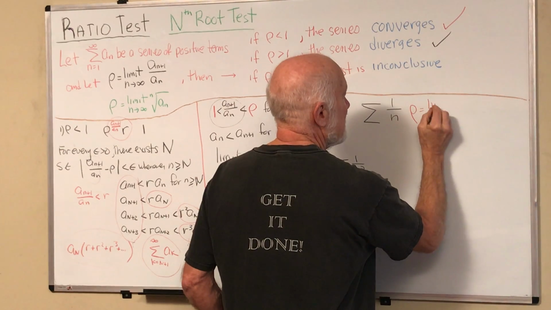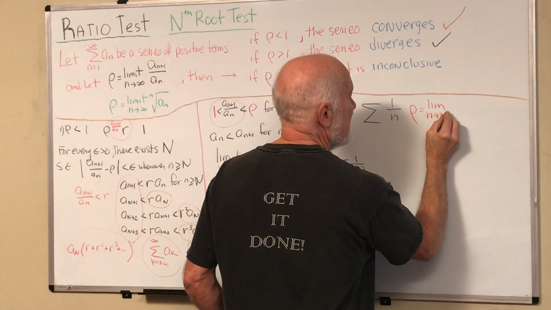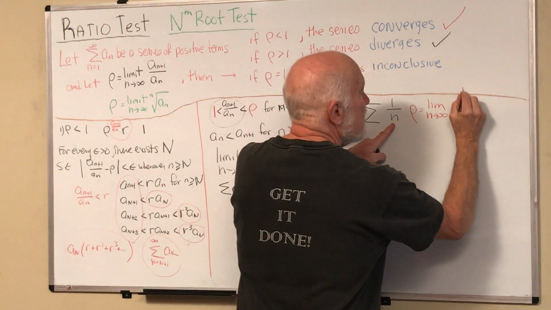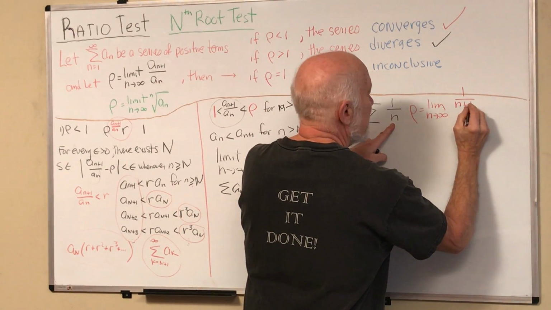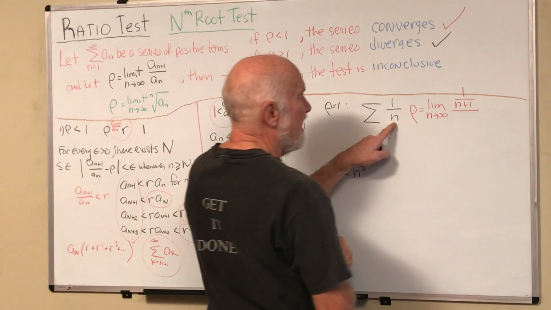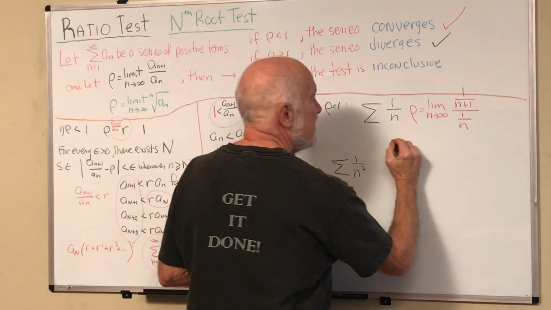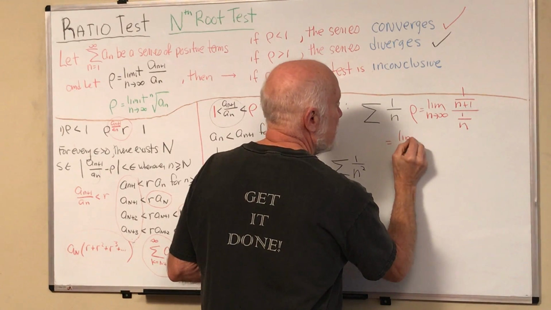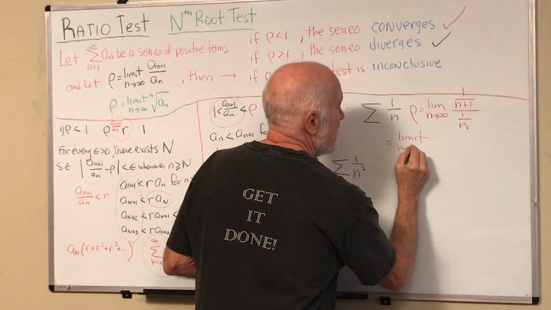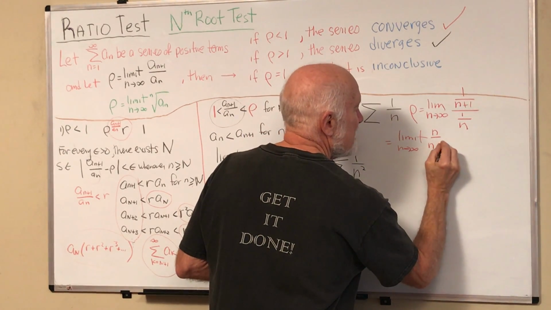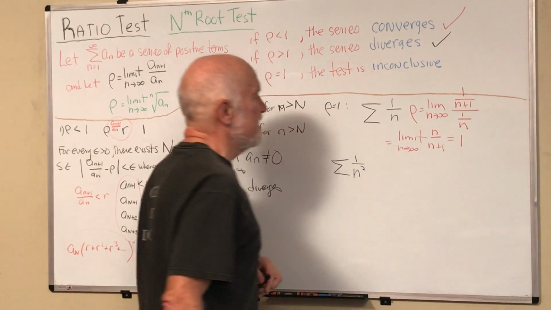Take the limit as n approaches infinity of the n plus first term, 1 over n plus 1, divided by the nth term. Well, with a little bit of division there, we get n over n plus 1, and we get 1.